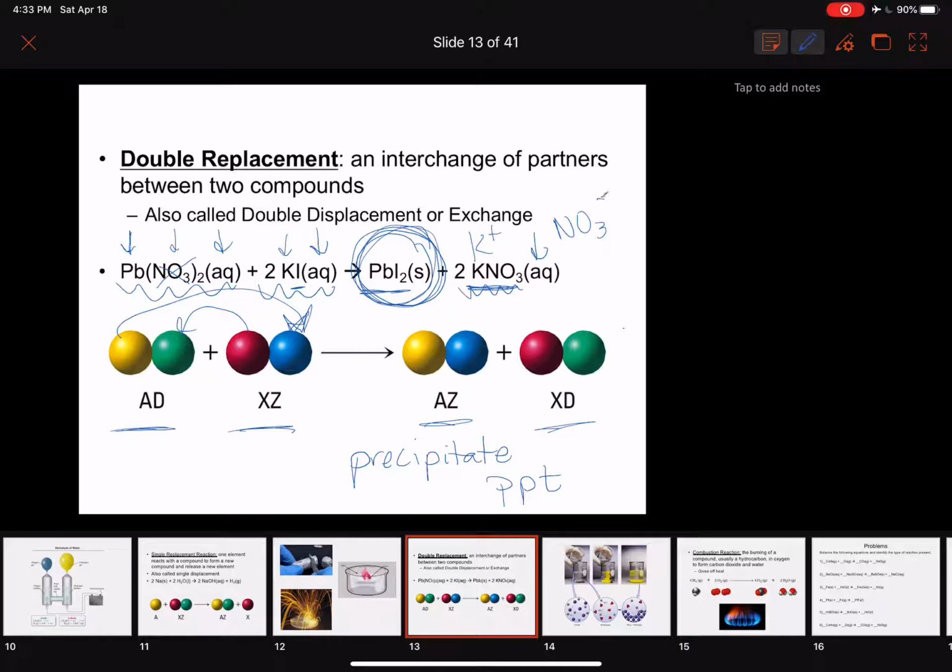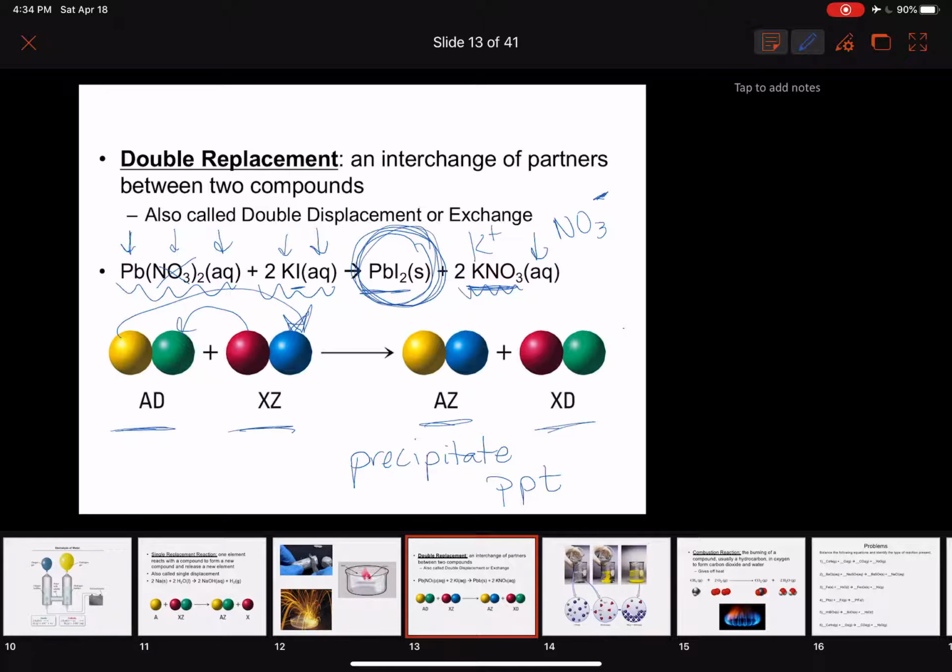So we have the potassium ions, which have a charge of +1, and our polyatomic ion nitrate, which has a charge of -1, still floating around in the solution.